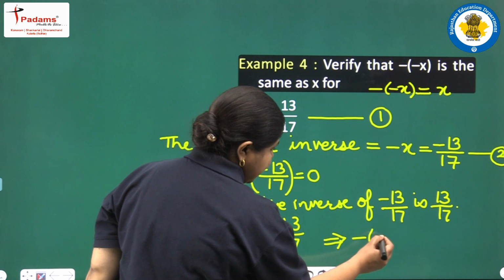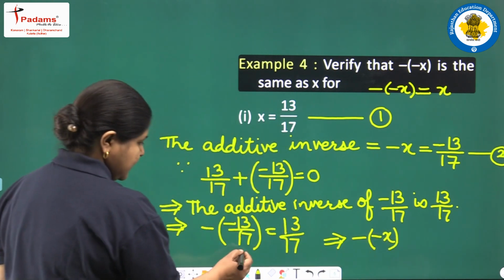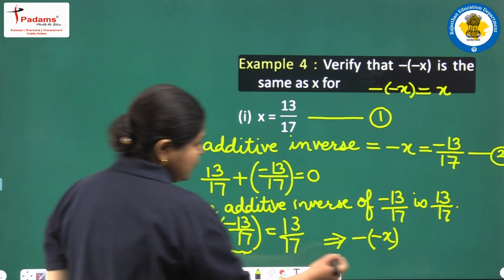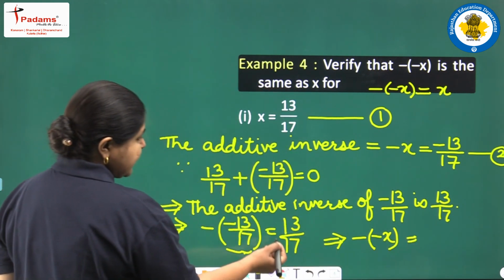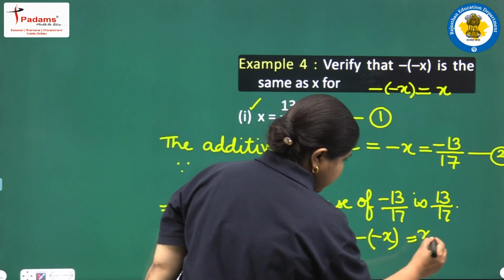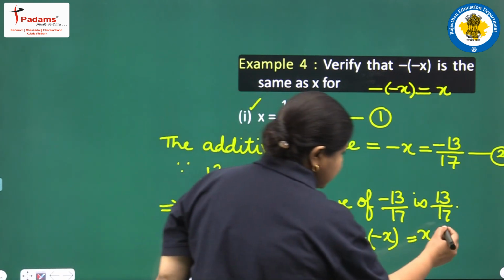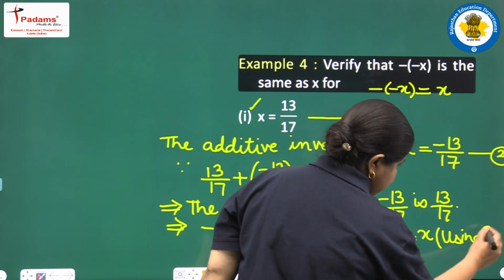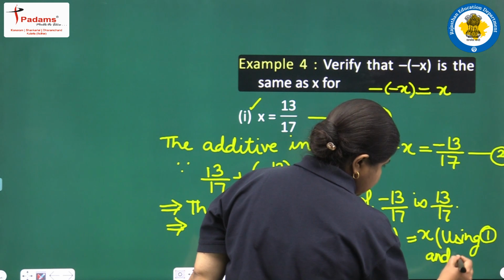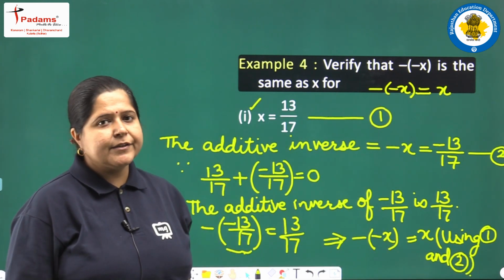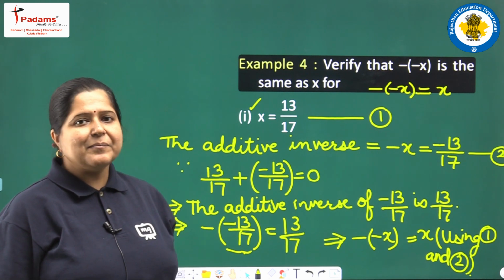So here we can write minus x in place of this. In place of this, we have written minus x equal to 13 by 17, which is x from equation 1. So it will be equal to x. Here we are using equations 1 and 2. This is the result that we needed to prove, and this has been proved.